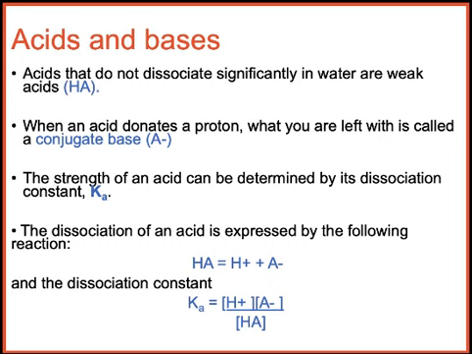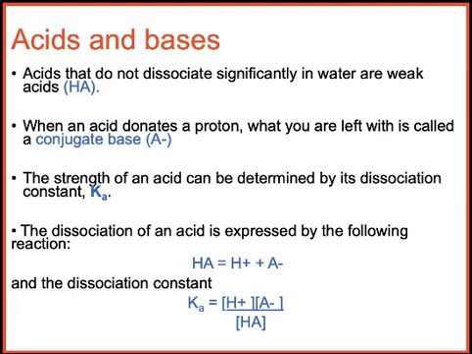So this Ka, let's see what the formula is. It's the dissociation of acid expressed in this reaction. You're going to do the products over the reactants concentrations. Whatever you have the most of in the end, if it's reactants, it means that the acid didn't really react much.